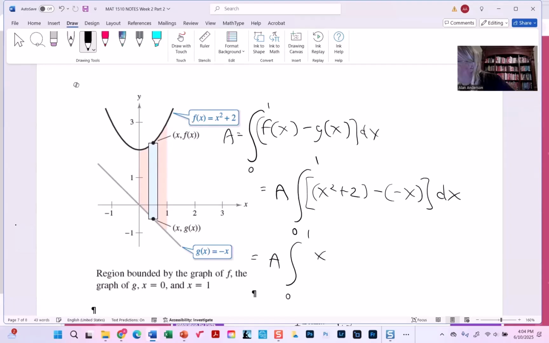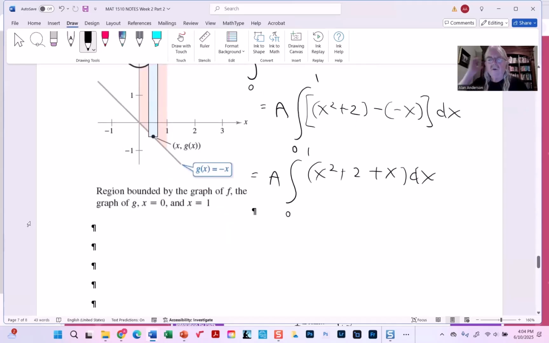So we're going to end with x squared plus 2 plus x dx. Now, of course, normally we will write it in descending order of the degree of each of these terms. So we'll rewrite it slightly.